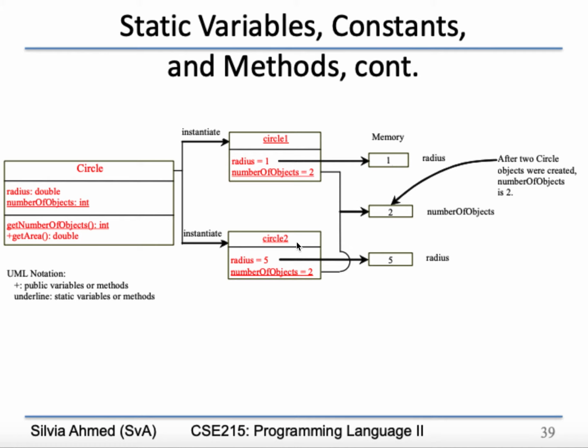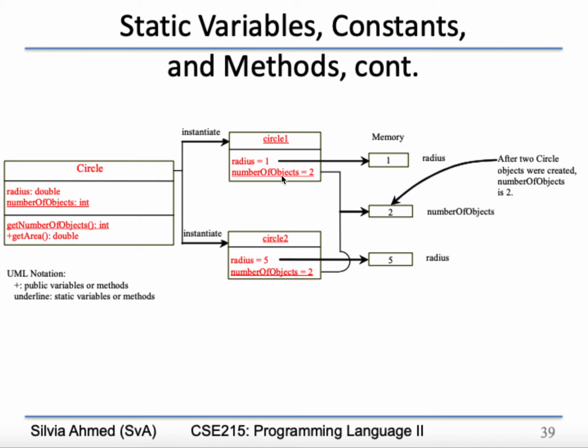For circle2, to have this separate radius 5, we need a separate memory location. Since each particular object, circle1 and circle2, needs separate memory locations for separate attributes, those attributes are known as instance variables.